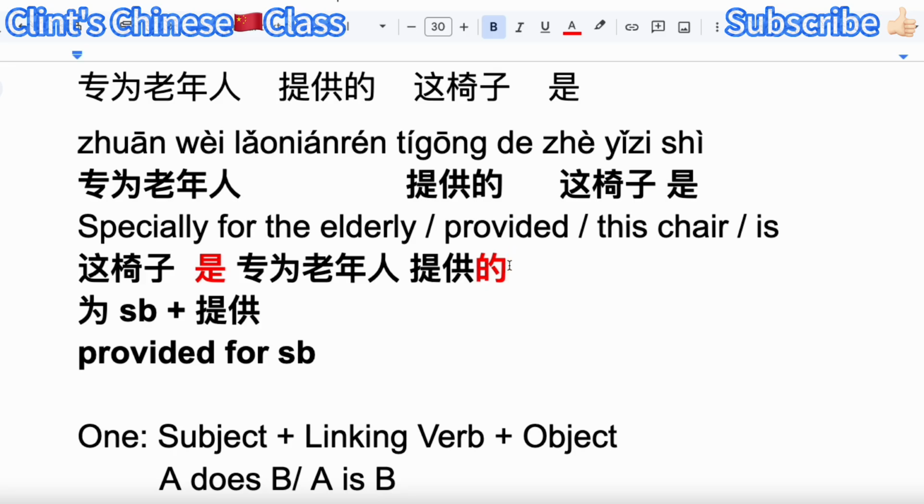And because we omitted this something, what is this noun that we omit? It is a thing or chair. Right? So we don't need to say this chair is especially provided for seniors chair. We just omit that noun or thing here.